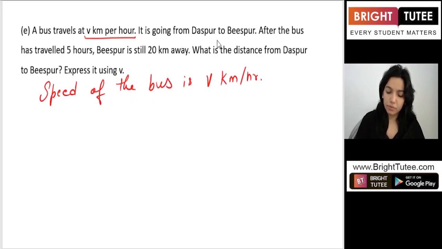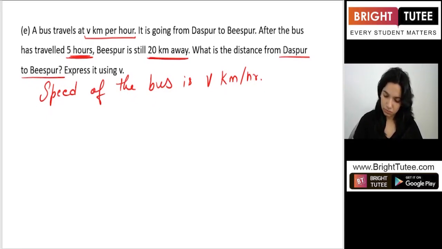It is going from Daspur to Bispur. After the bus has traveled 5 hours, Bispur is still 20 kilometers away. How far is it? 20 kilometers away. Okay. What is the distance from Daspur to Bispur? We are going to express this using this particular variable that is given to us, that is V.